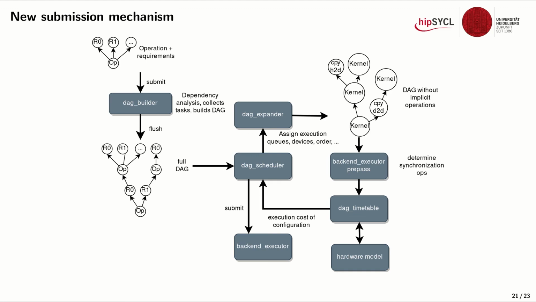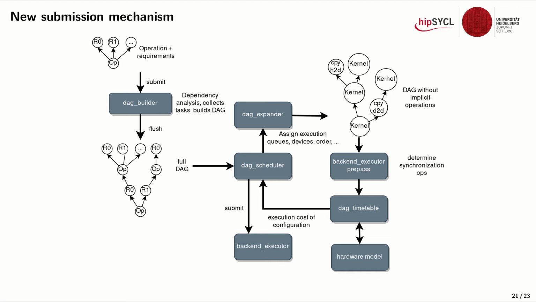Then this needs to go to the backend executor, which is what will also be used later on to actually execute the kernel, to determine which kind of synchronization operations, and where, are necessary for this particular backend. And then all of this information goes to the DAG timetable, which will construct some estimate of a cost, potentially by interacting with a hardware model.